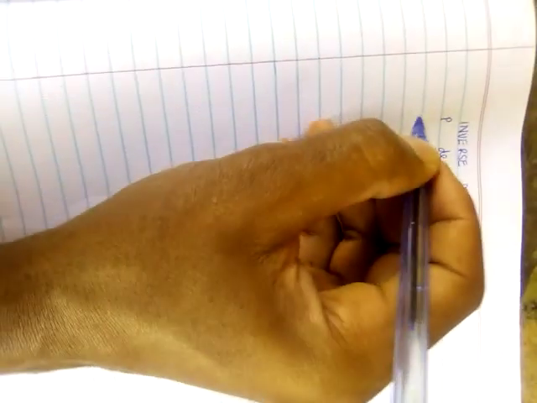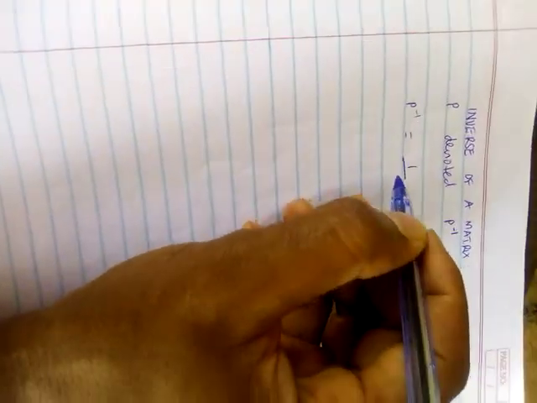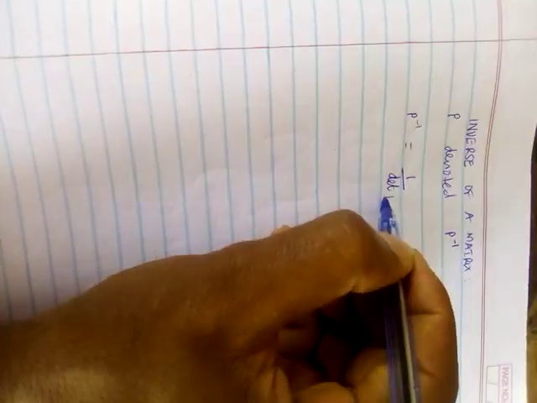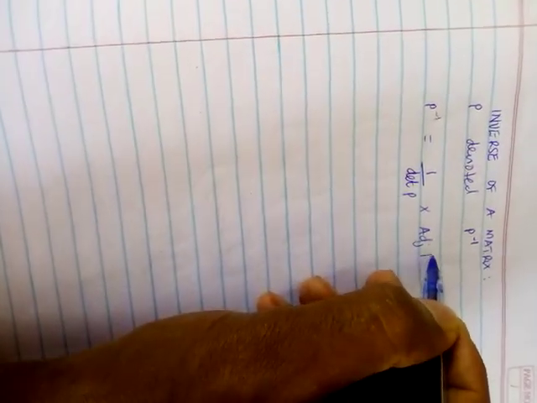How would we define P inverse? It is defined as P inverse is equal to 1 over the determinant of P, multiplied by the adjoint or the adjunct of P.